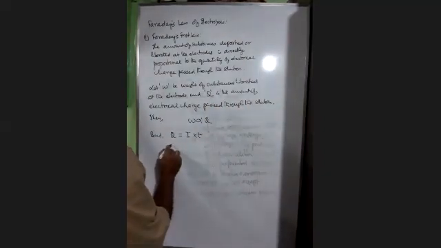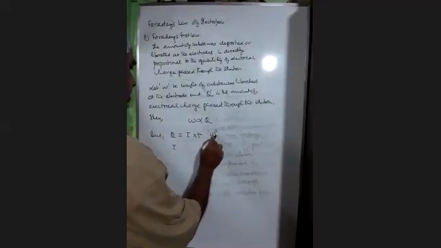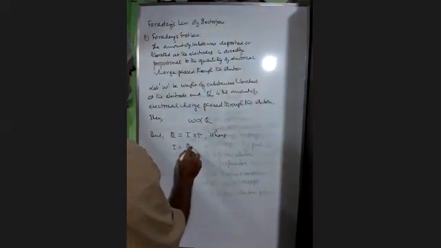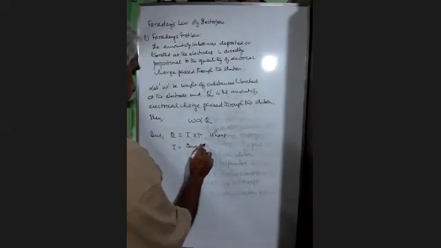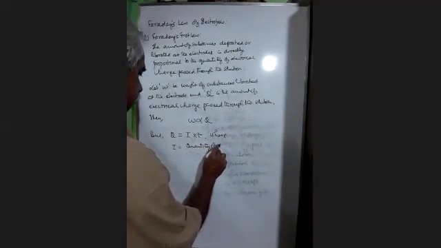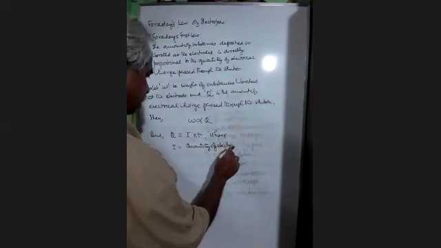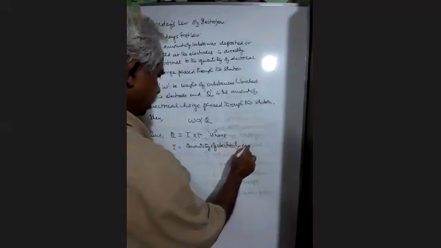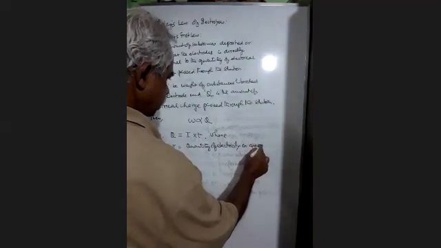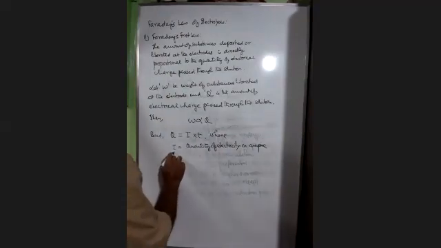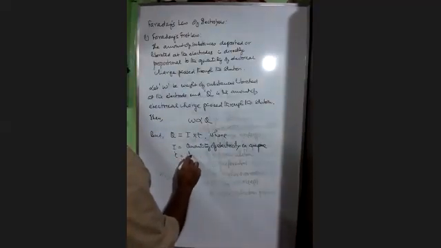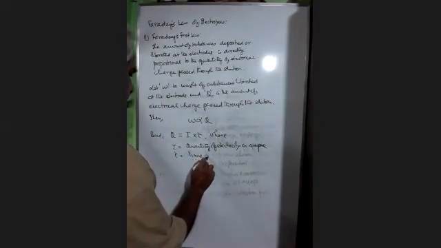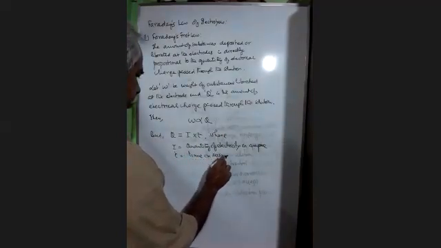Where I is equal to the quantity of electricity in ampere and T is equal to time in second.